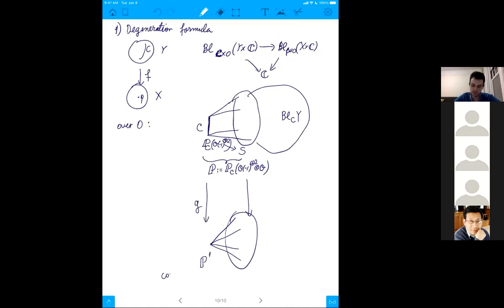So P prime is the contraction of C in P. And here at infinity we have S, and this will be the blow-up of X along P prime. So these two components on the right hand side are isomorphic. But on the left hand side they are not. So we still have a contraction of C.